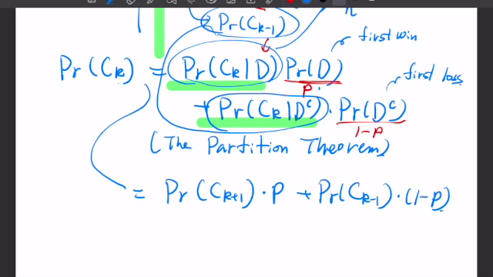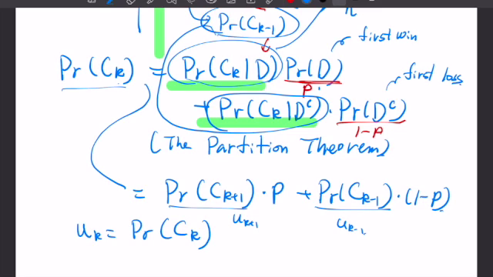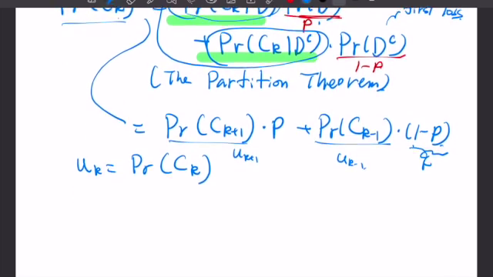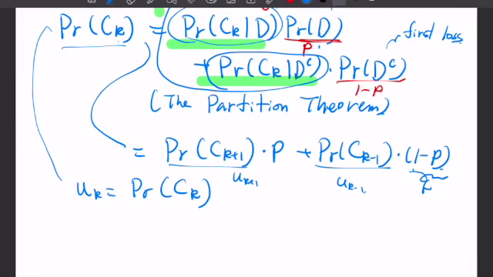So, to make notation simpler, let's define a new variable, u_k, to represent the probability of ruin. So this is u_k, and this is u_{k+1}, and this is u_{k-1}. This is just a simplification of notation. And also we write 1 minus p as q. So summarizing this, we have u_k equals u_{k+1} times p plus u_{k-1} times q.